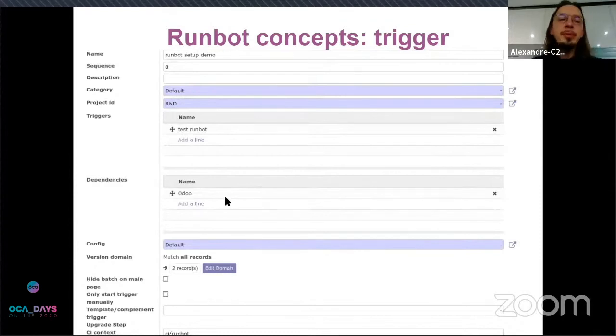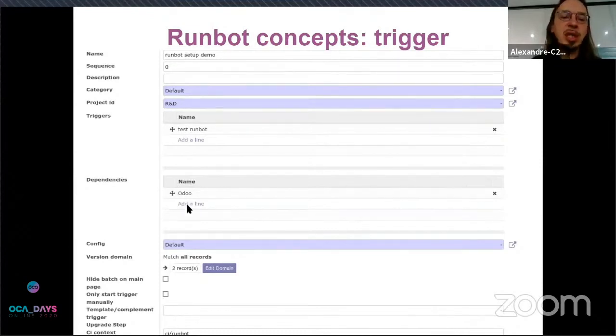So these work together, and in your triggers, what you say is, if something happens, so a new pull request or a new branch or a new commit on a branch in one of the trigger repositories, I will create a new batch in my Runbot, and this batch will eventually create a new build. And the batch will be using the dependencies of the trigger to fill in what's missing.